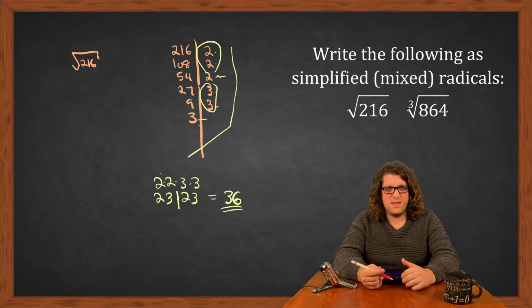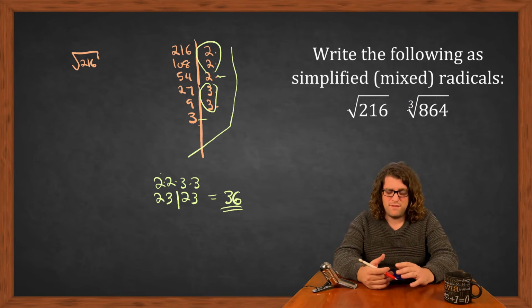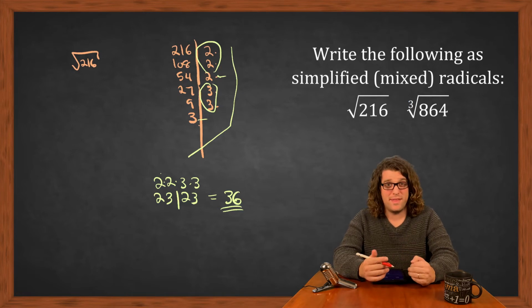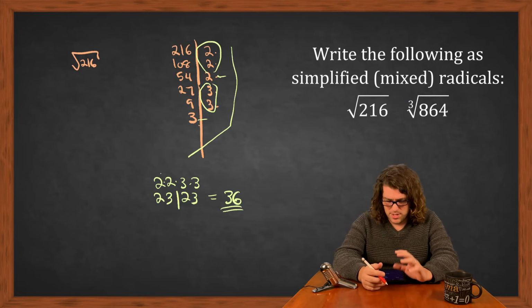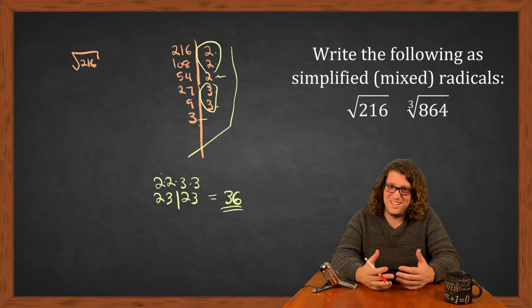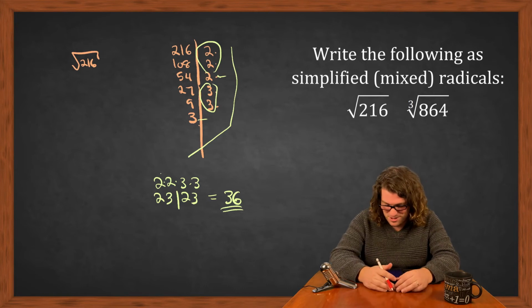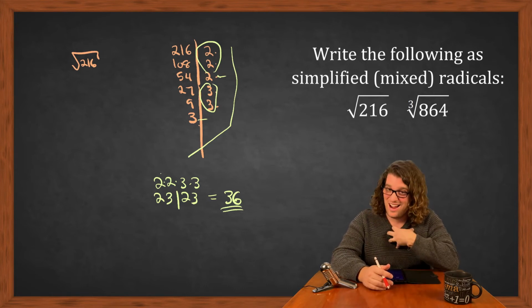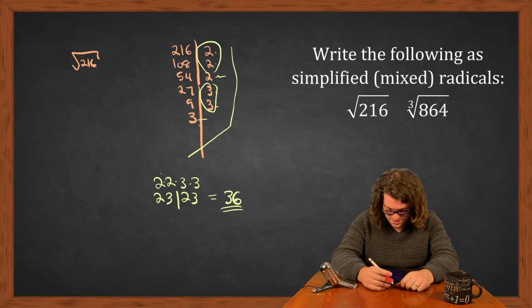If you don't recognize the primes that divide into it, that's okay, because hopefully by that time it's a little bit smaller. If somebody's made a real nasty number by taking 23 and multiplying it by 51, I'm sorry, it's going to be ugly. But for most of the ones that I give, I don't tend to do that sort of thing.